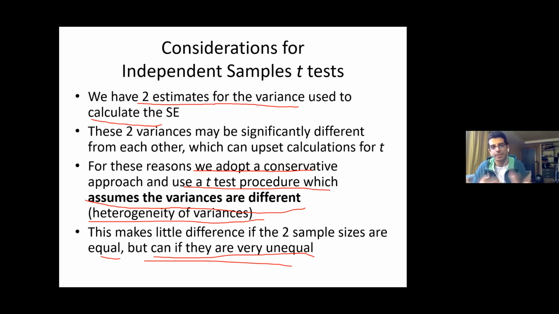Maybe the variances of the two groups are equal, so it won't make that much of a difference if they were equal, but it will make a huge difference if they weren't equal. If they weren't equal, this heterogeneity of variances will help you in finding the correct result.